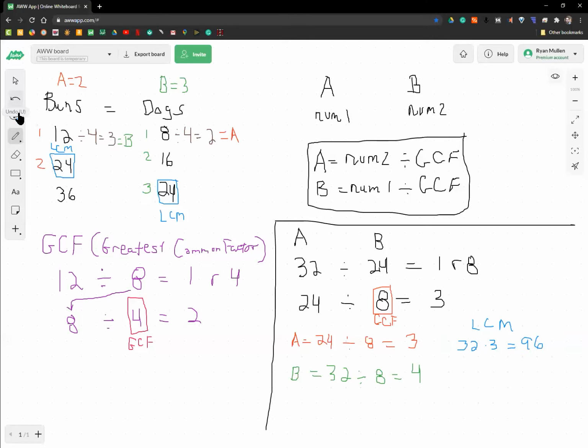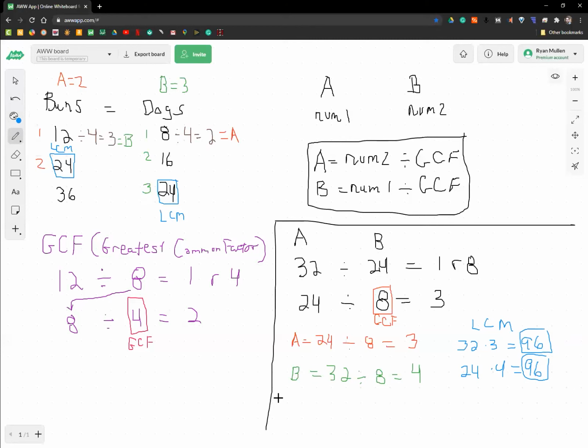Just to prove that's right, I can also do 4 items of B. 4 times 24 is also 96. So I can make 96 total of this without any waste.